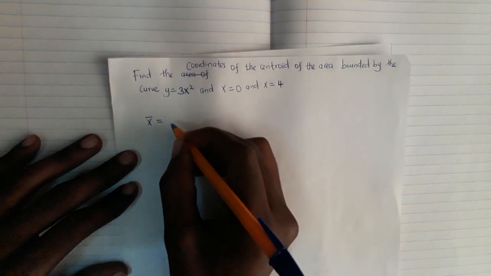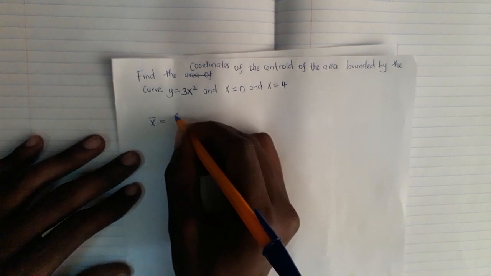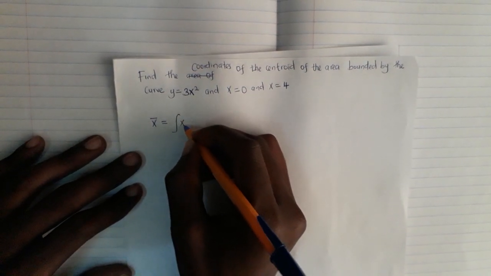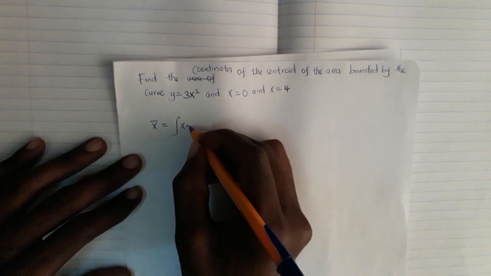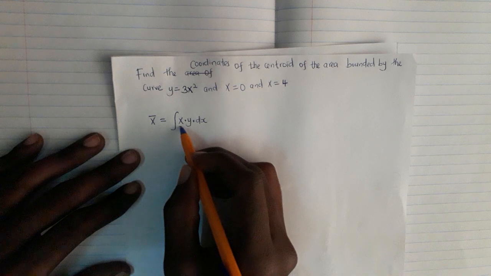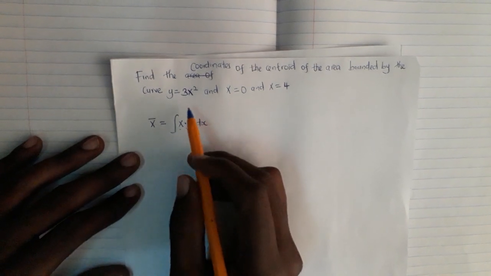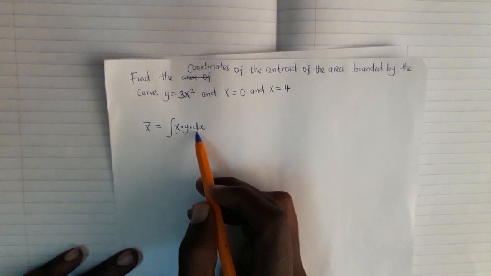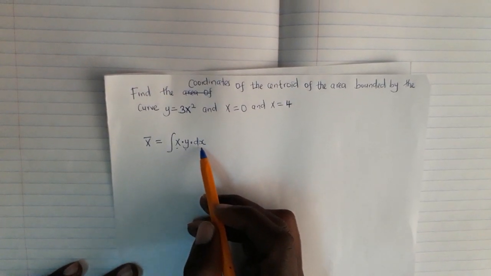So we have a formula which is the integration of x and then y with respect to dx. So we have x and then our y, which is the one that we have been given in the question, and then we integrate it with respect to dx.